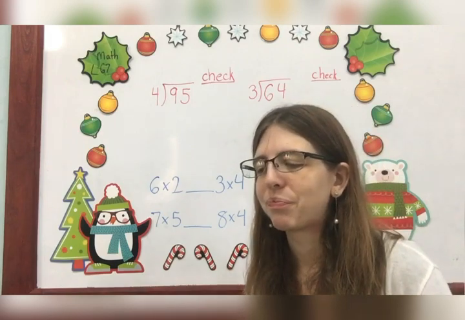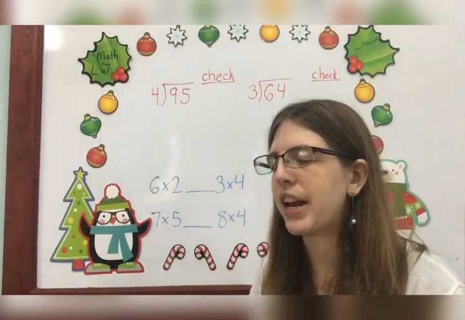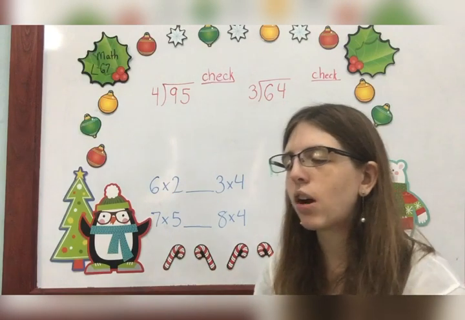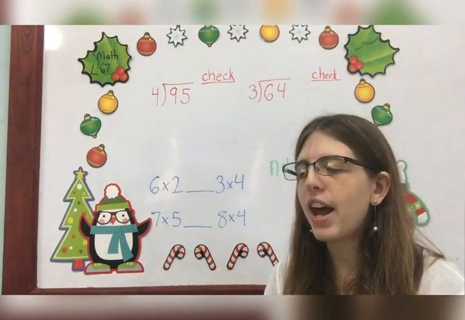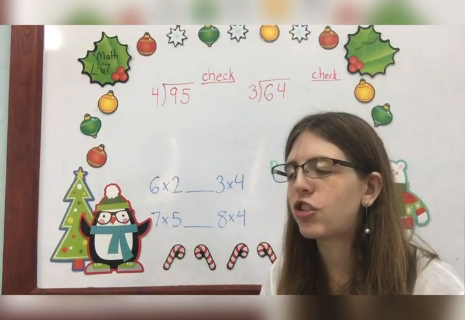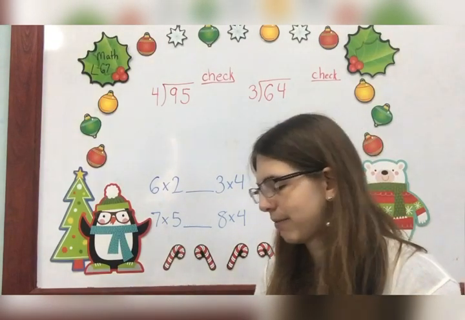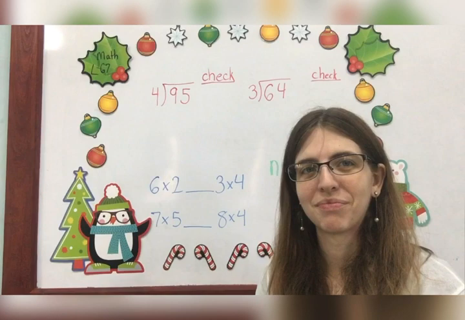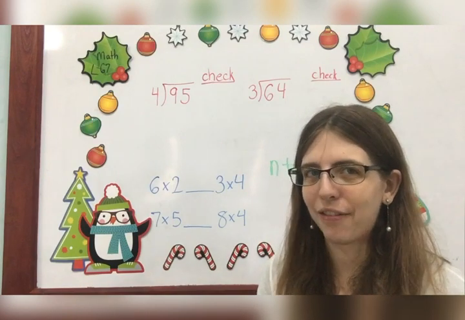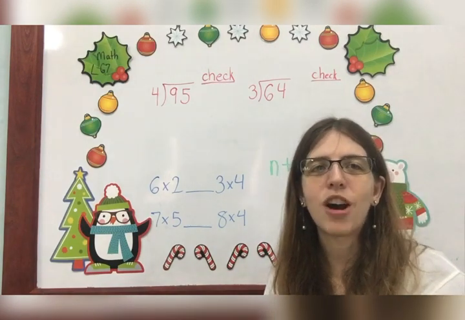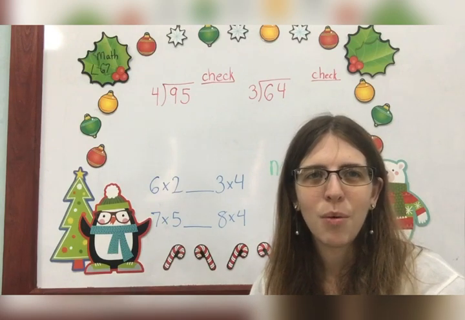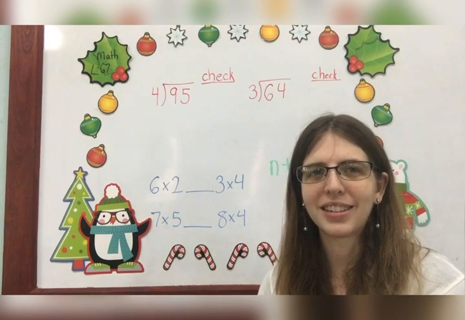Letter B. In the public library, there are 294 fiction books. 174 of them have been checked out. How many fiction books are left? Oh, we see that word left. Remember in yesterday's lesson we talked about what left means? What does left mean? Add or subtract?